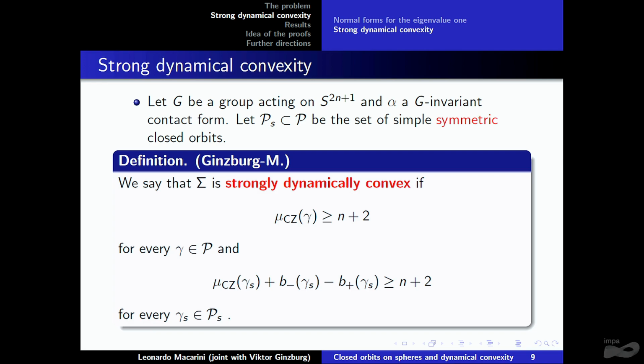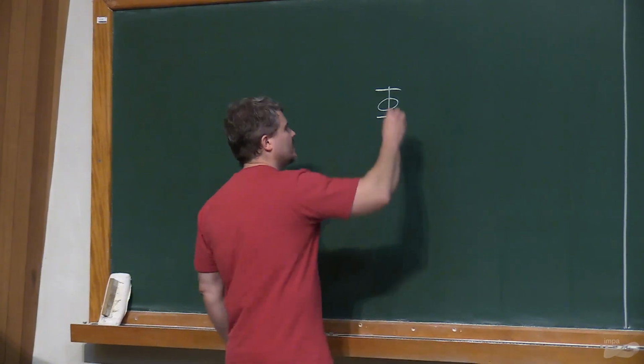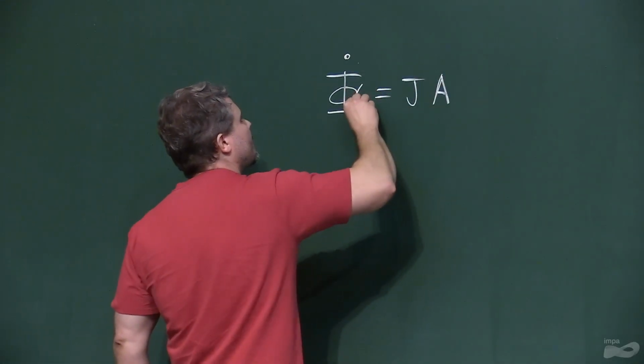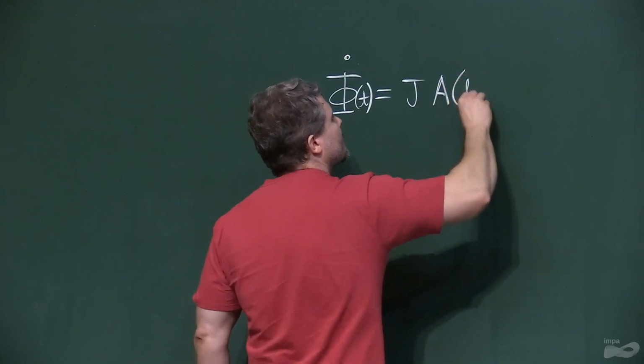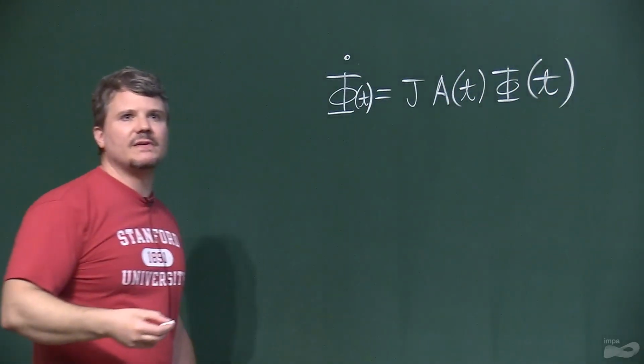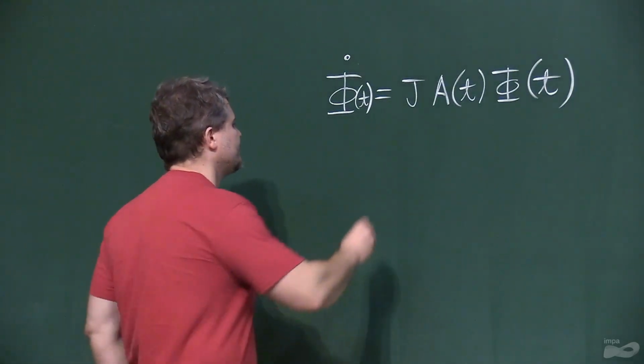So you have a symplectic path, given by this differential equation, right? We say that the symplectic path is positive when A(t) is positive definite.